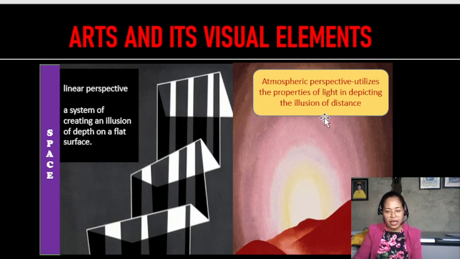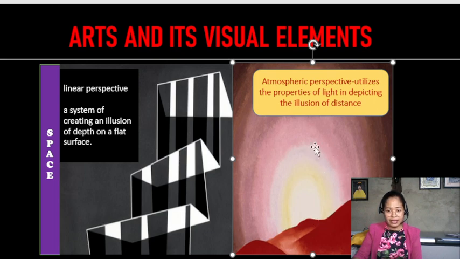Okay, so we also have two types, the atmospheric perspective and the linear perspective. Okay, let's start here in the atmospheric perspective. It utilizes the properties of light in depicting the illusion of distance. So parang may distance na, as you can see, but it is just an illusion, atmospheric perspective.